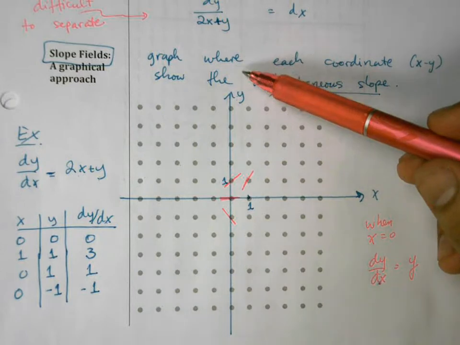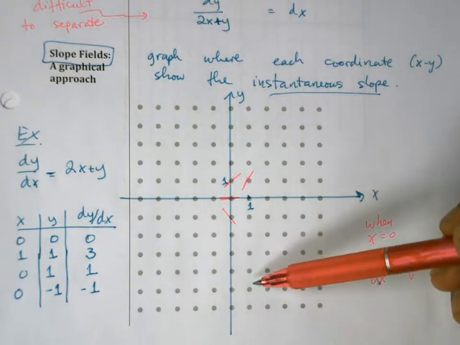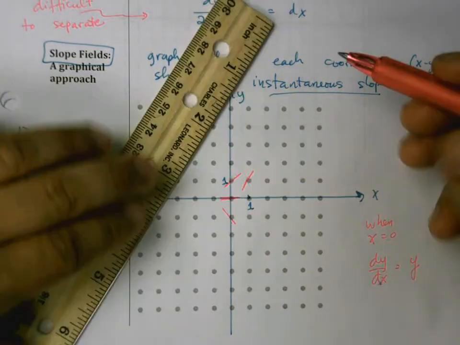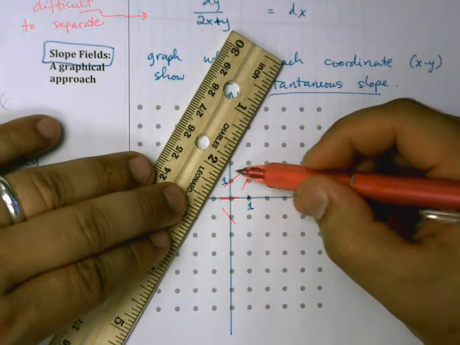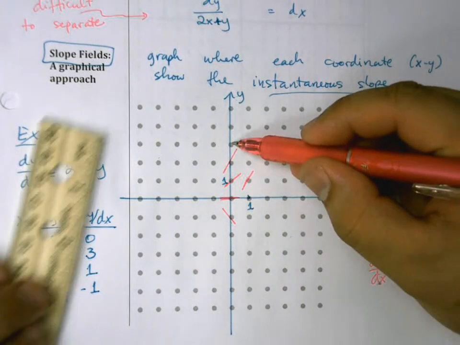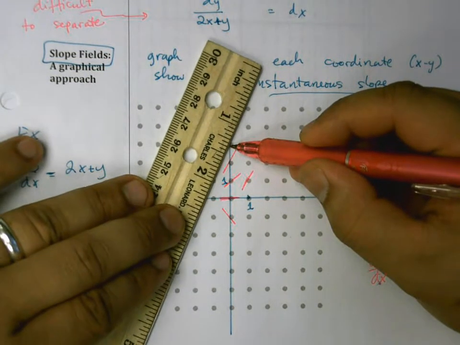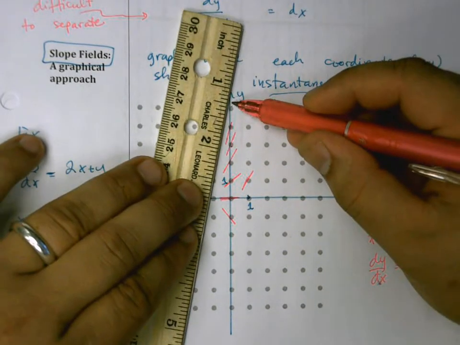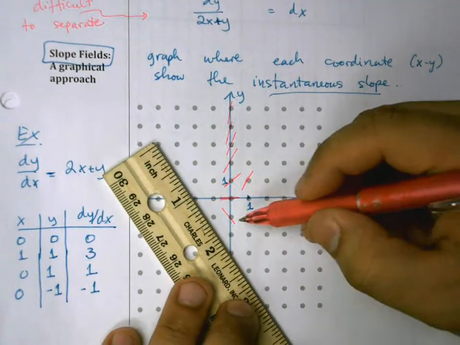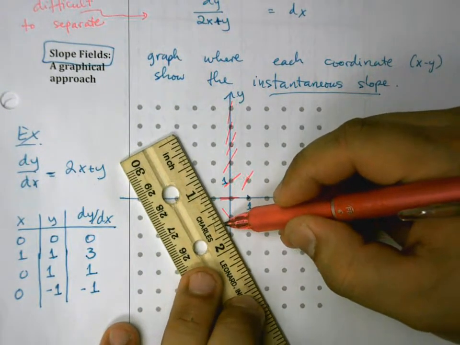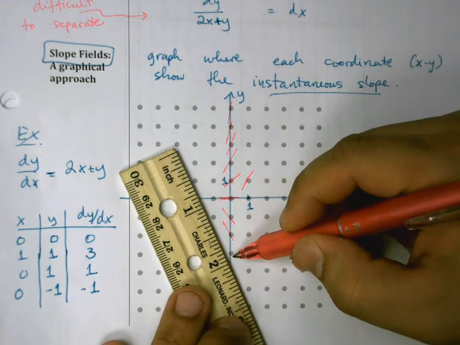So we can go along the vertical axis and figure out all the slopes. For example, at 0, 2, the slope is going to be 2. At 0, 3, the slope is going to be 3. At 0, 4, as I go up here, it gets steeper. And as I go down this way, it gets steeper as well, but in the negative direction.